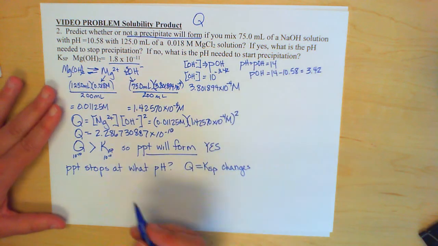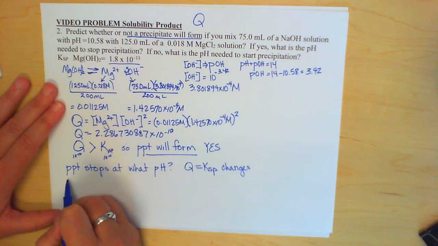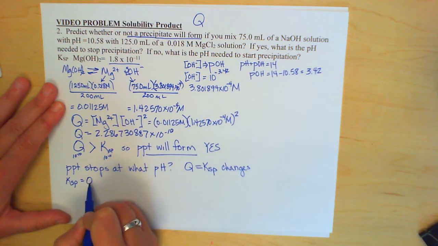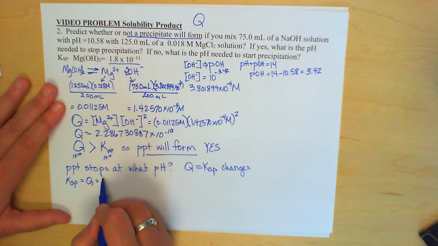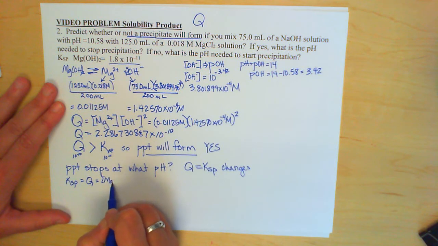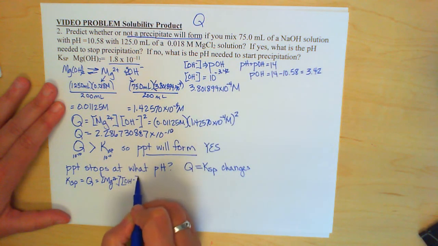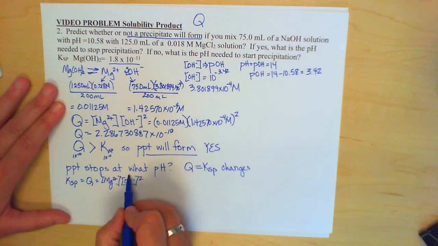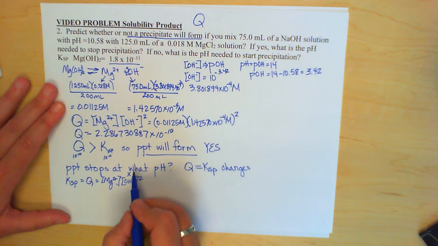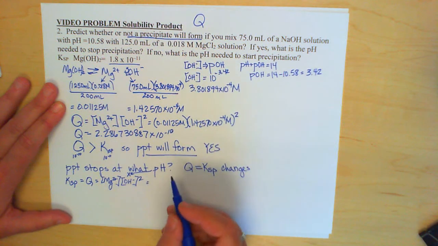Okay? So if that's the case, let's set it up where KSP, which equals Q, is equal to the magnesium concentration times the hydroxide ion concentration squared, which, remember, the hydroxide is what we're really looking for, because this is going to be our X, because this is what dictates pH. So we plug in what we know.